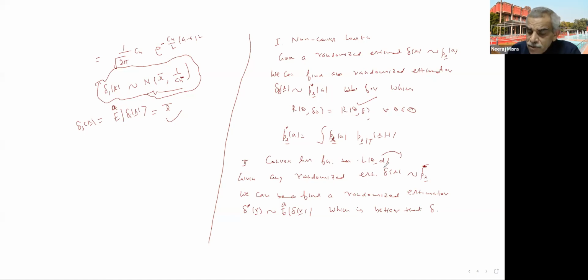But if your loss function is convex, then given any randomized estimator, you can find a non-randomized estimator, which is nothing but the mean of that randomized distribution, which is better than that. That means the risk of delta star would always be less than or equal to the risk of delta for that decision. So here it is not equality, it is always better if your loss function is convex. Is that clear?